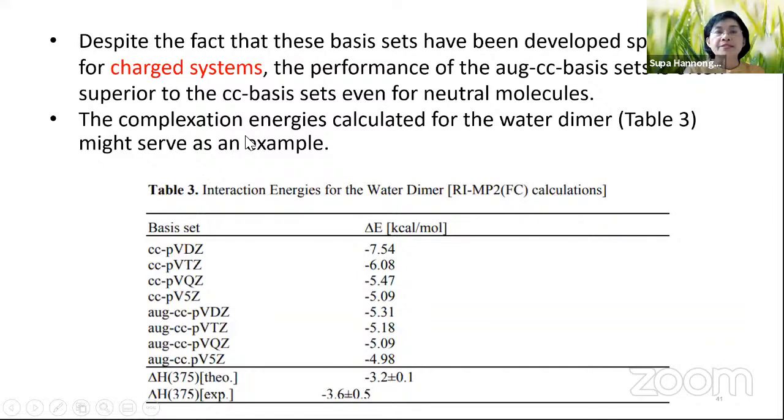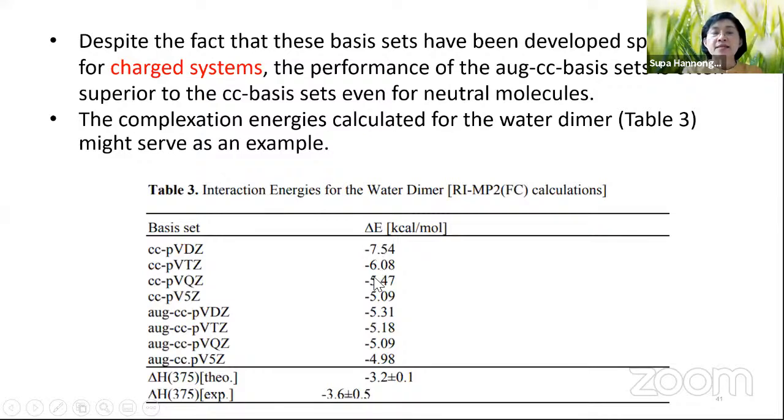When you would like the complexation energies, for example calculated for the water dimer, the data in Table 3 show the interaction energy of the water dimer, based on RIMP2 calculations. These are the basis sets: this is the CC, and this one is the OCC, with the different theta. And you can obtain the interaction energy.